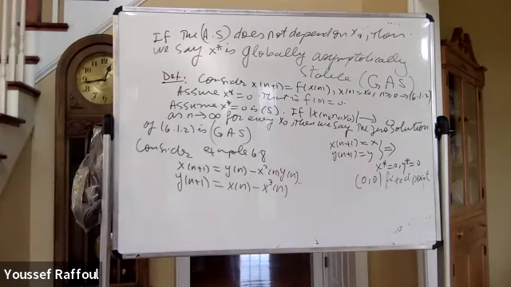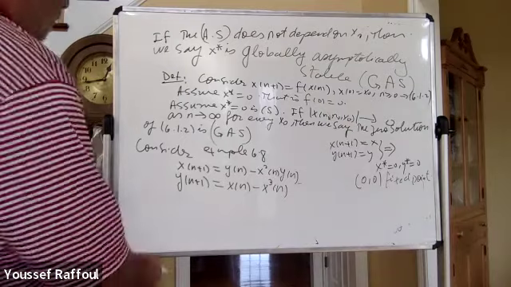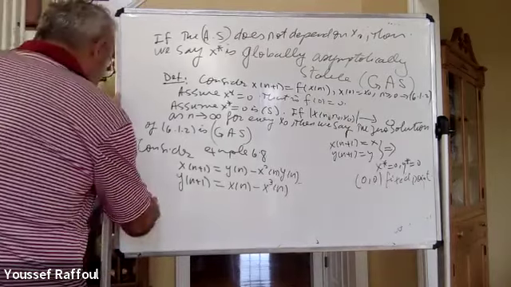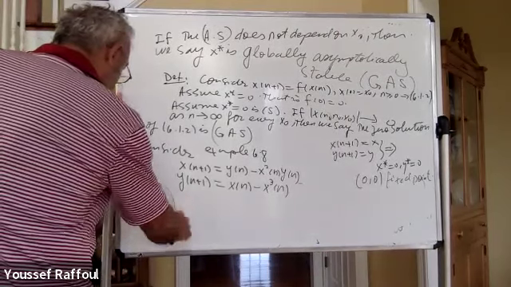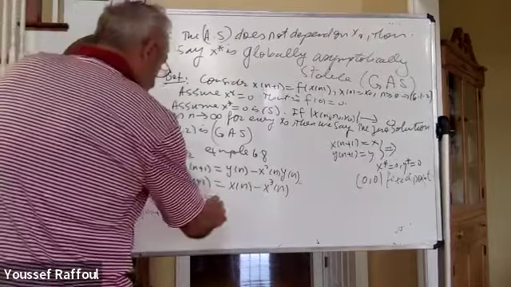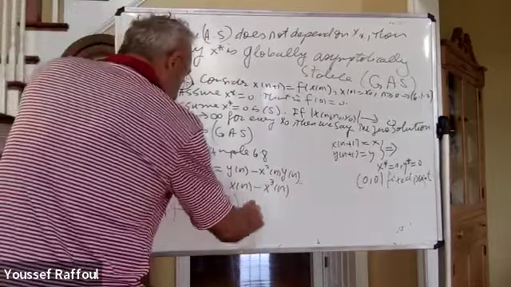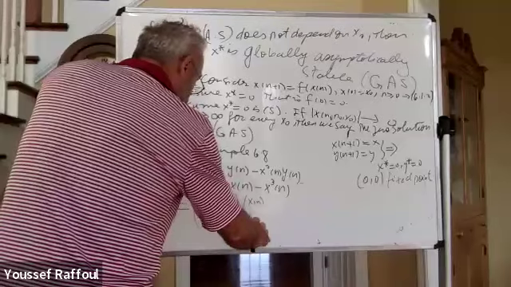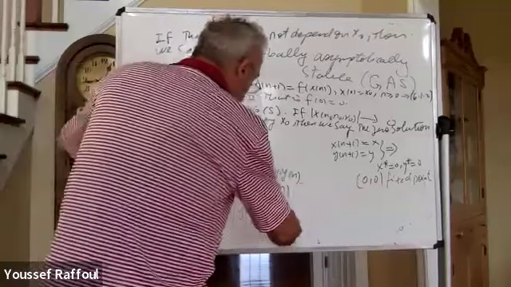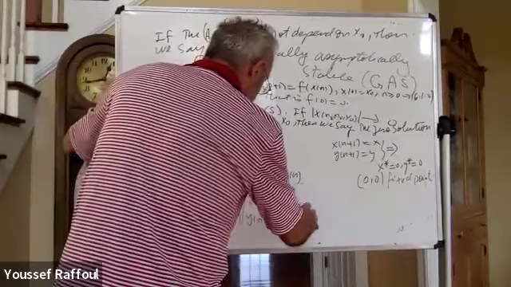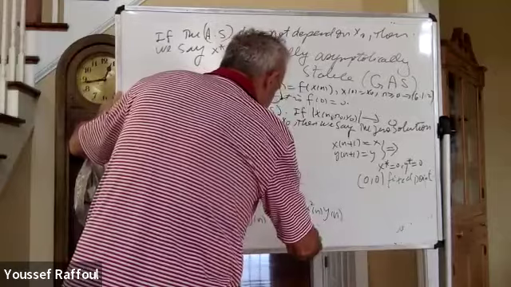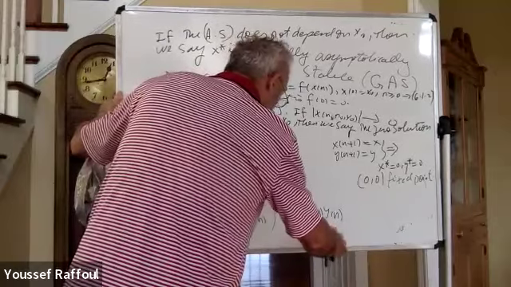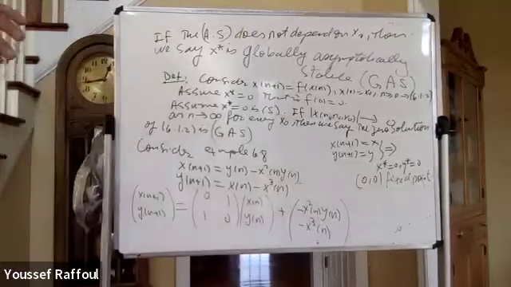Now, let us study this system: x(n+1), y(n+1) is equal to the matrix [0, 1; 1, 0] times x(n), y(n), plus the nonlinear terms, minus x squared of n times y(n), and minus x cubed of n.